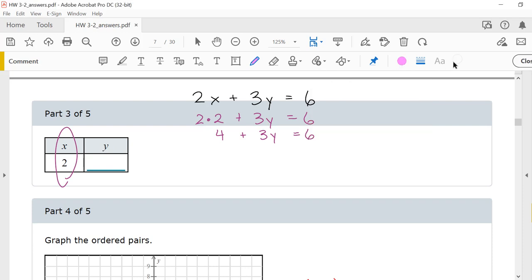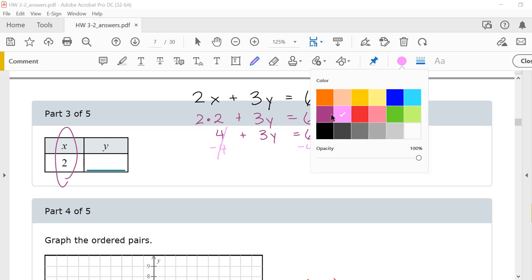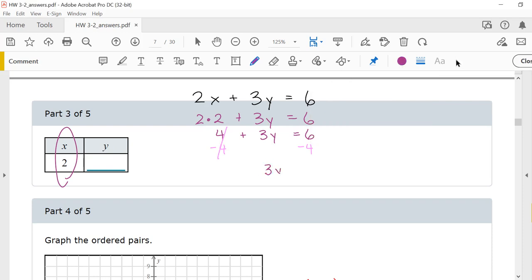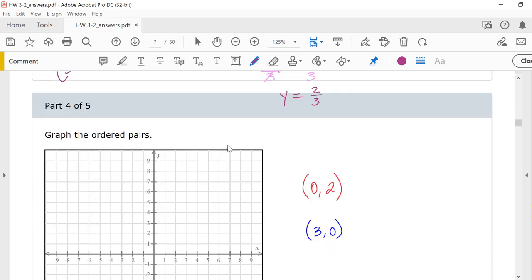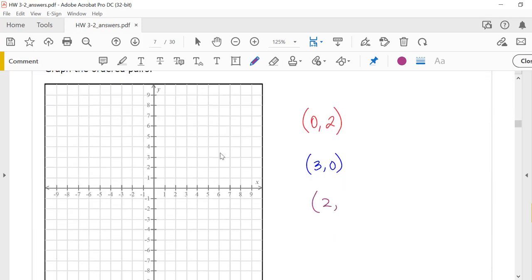Subtracting 4 from both sides, I get 3y equals 6 minus 4 is 2. Dividing both sides by 3, I get y equals 2/3. So I have the point 2, comma 2/3. That's not an integer value. That's going to be yucky to graph, but we'll go do it.